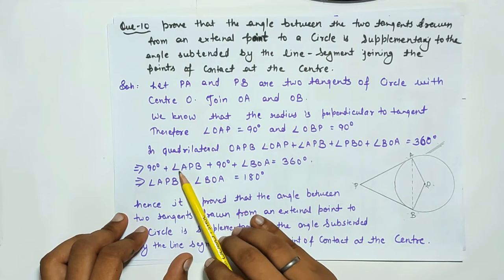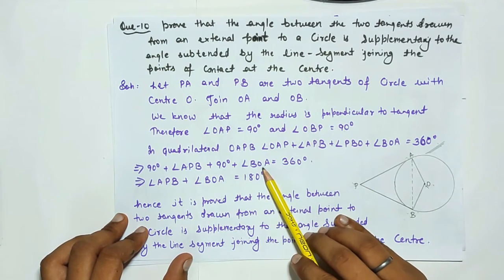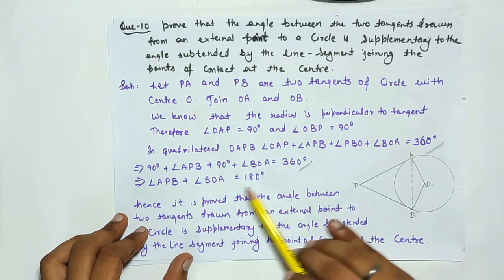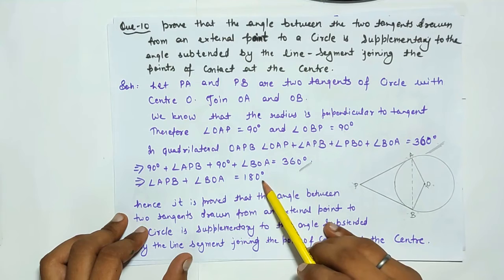That is, 90 degrees plus angle APB plus 90 degrees plus angle BOA is equal to 360 degrees. Angle APB plus angle BOA is equal to 180 degrees.